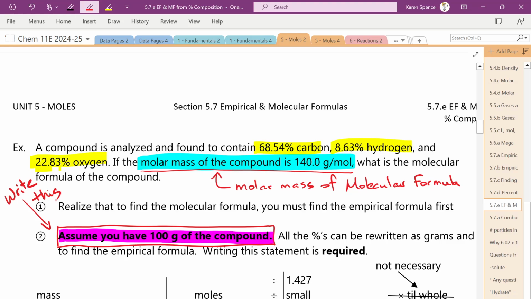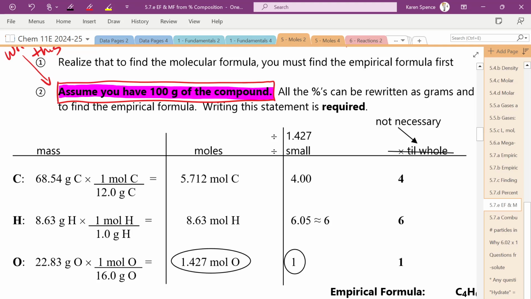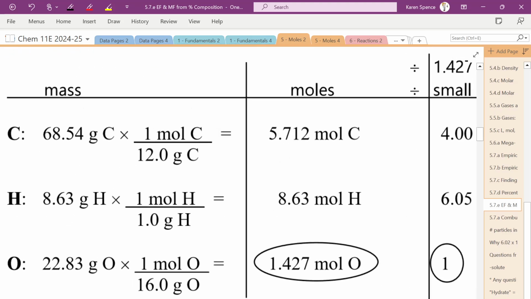And then you have to say, okay, all of my percentages have now become, they're no longer percentages, now they are grams. What do I do with the grams? Use the molar mass to convert to moles.